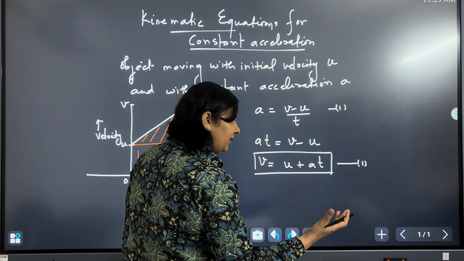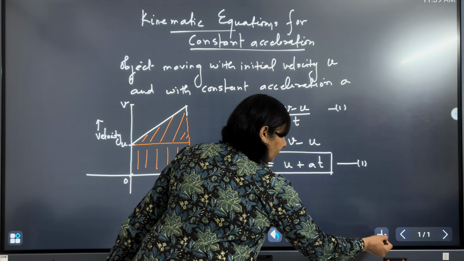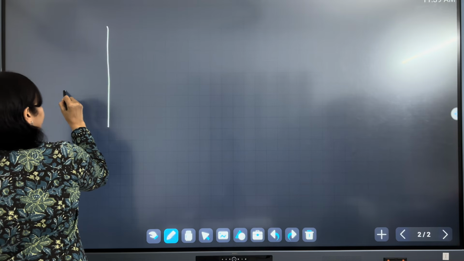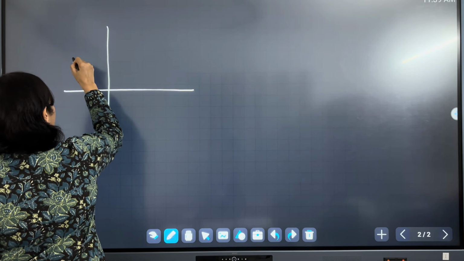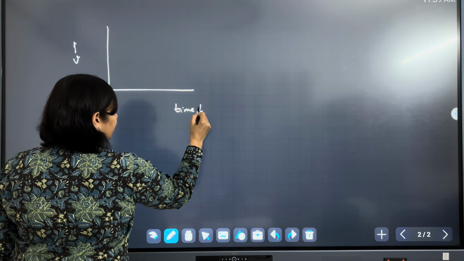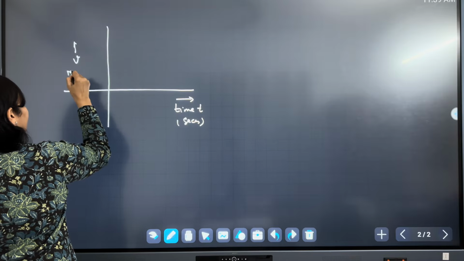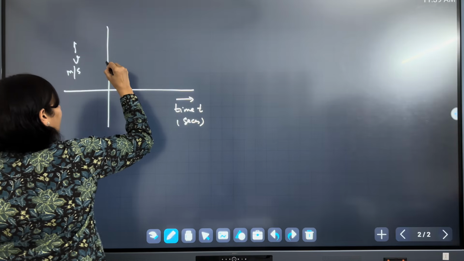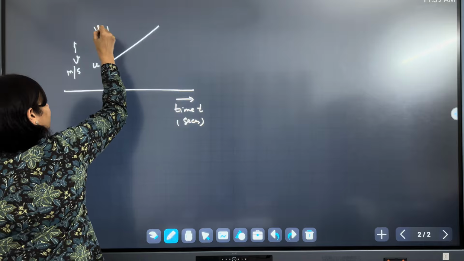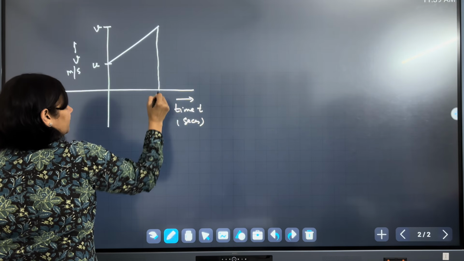Now I am going to find the displacement of an object. Once again I draw the graph. This is v, velocity in meter per second, and time t in seconds. And this is u, this is v. This is time t.